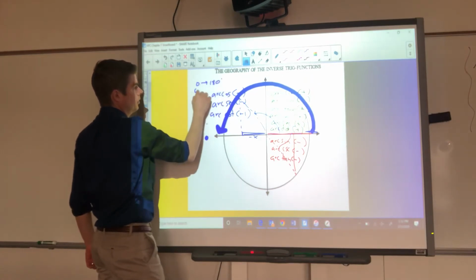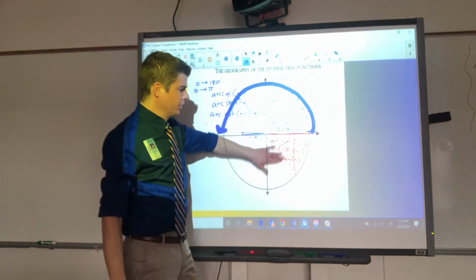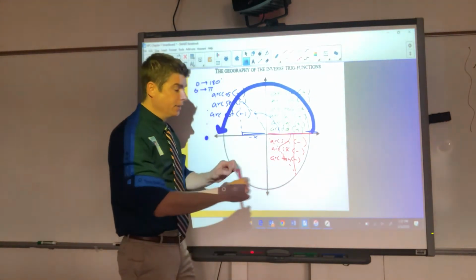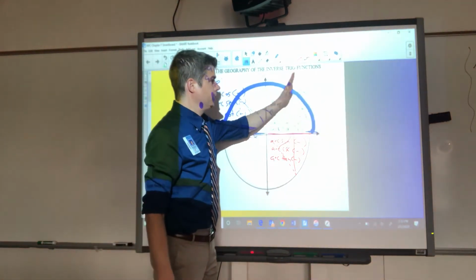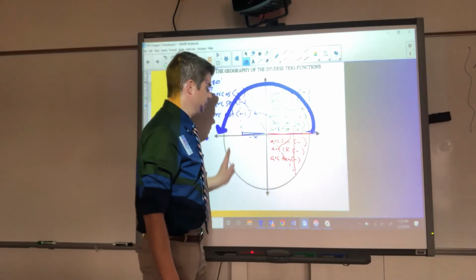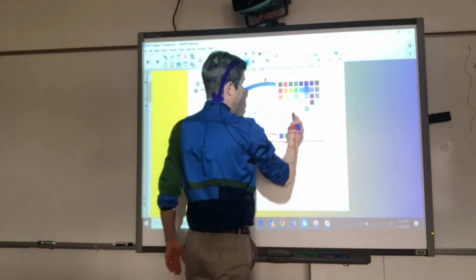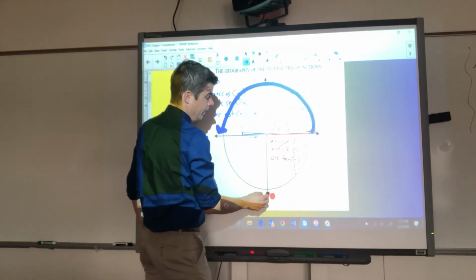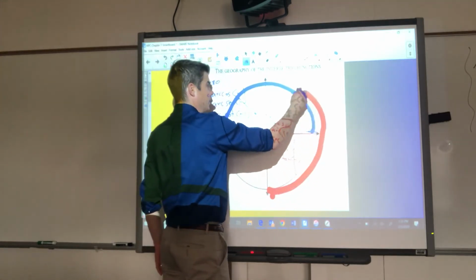Now, if you're a quadrant 1 and 4 function, like sine, cosecant, tangent, you need a continuous range of values. You're not going to start with 0 to 90 and then skip to 270. You're actually going to start down here at negative 90 and go up to positive 90.